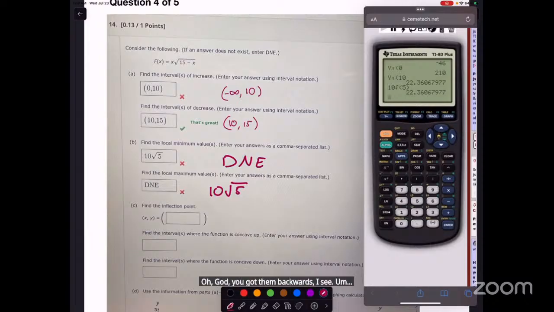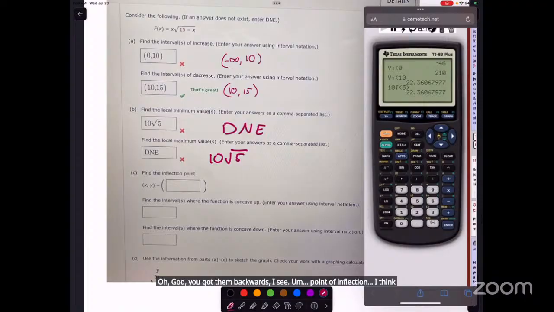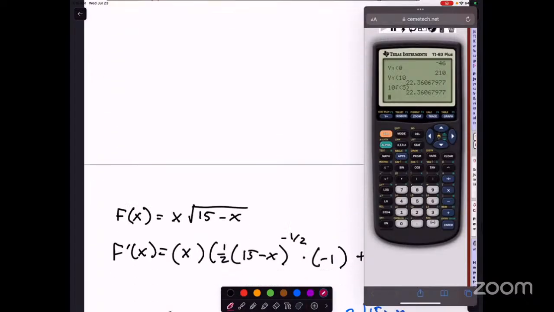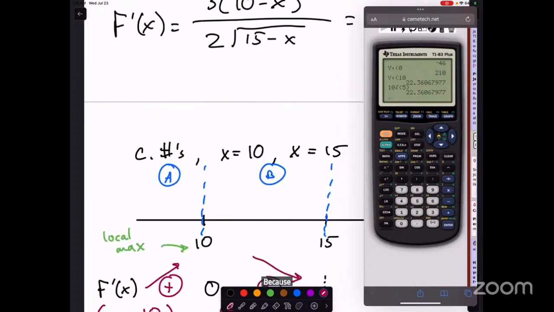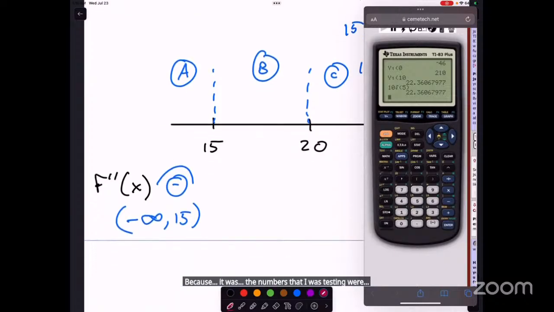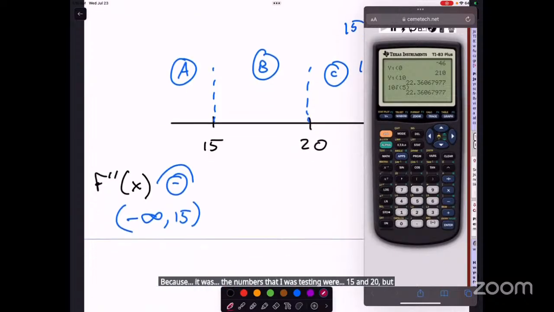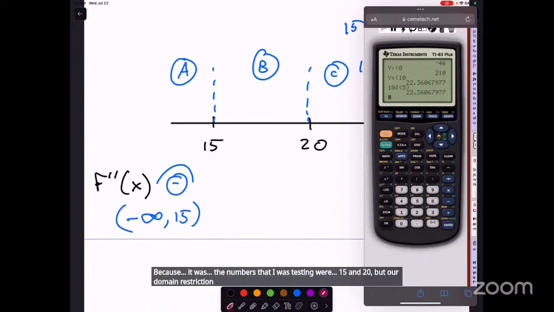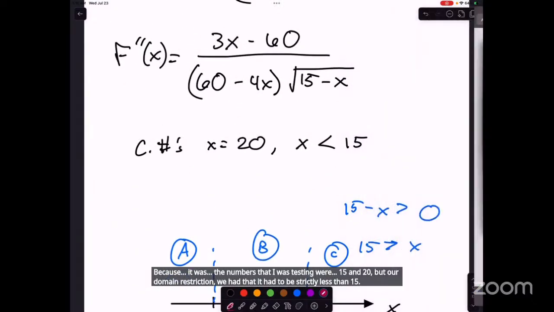Point of inflection, I think we got none. I didn't get a point of inflection, because the numbers that I was testing were 15 and 20, but our domain restriction, we had that it had to be strictly less than 15.